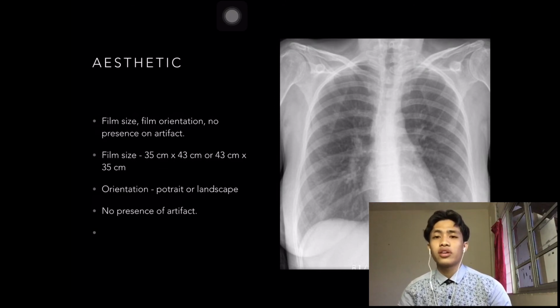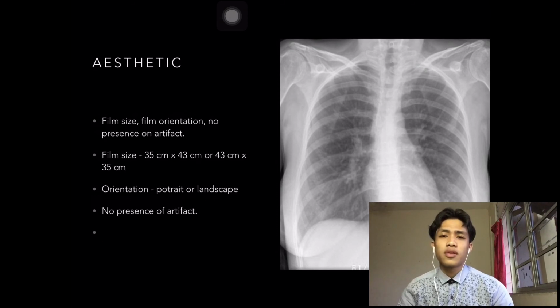The orientation must be correct, portrait or landscape. And no presence of artifact is very important. If our patient wears a necklace or watch, we must tell them to take it off because it will be seen in our radiograph.